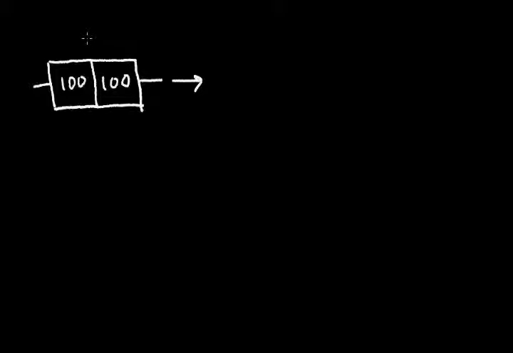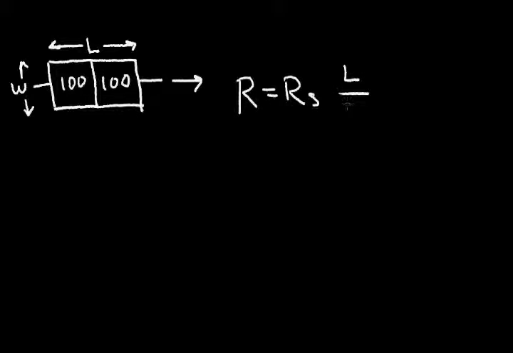So the length of the resistor is this dimension, and the width, W, is this dimension. So I can solve for my resistor. Resistance is equal to the sheet resistance times the length divided by the width.